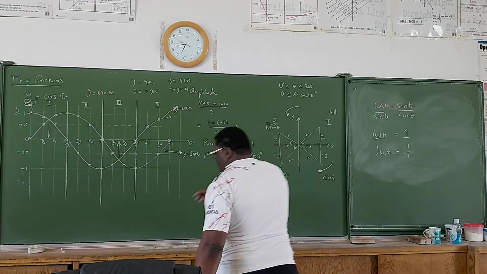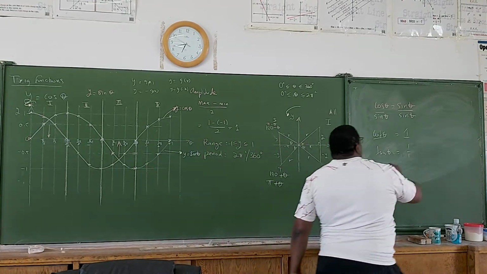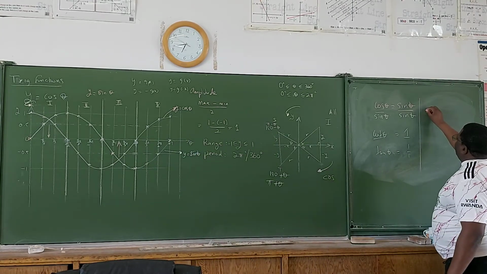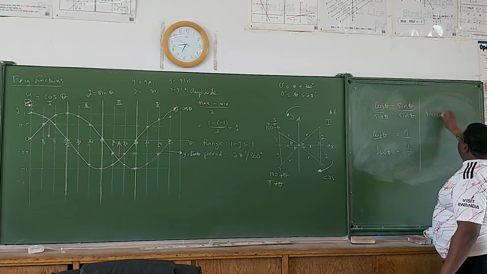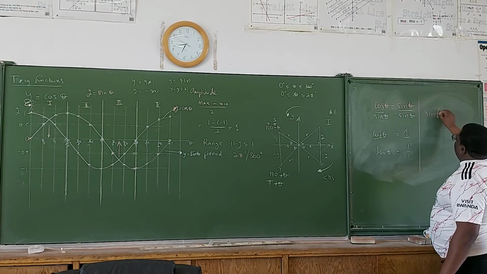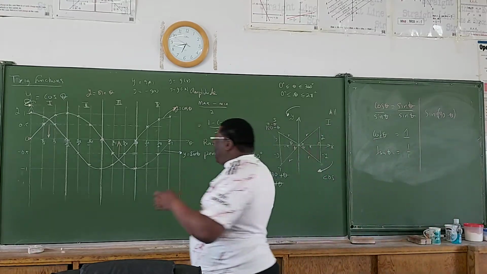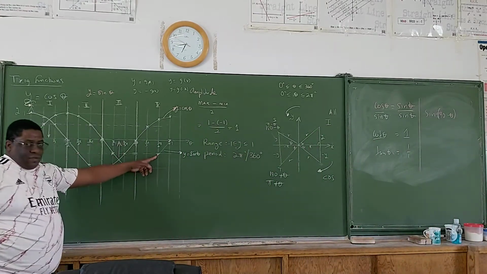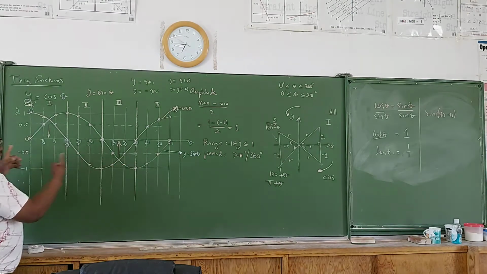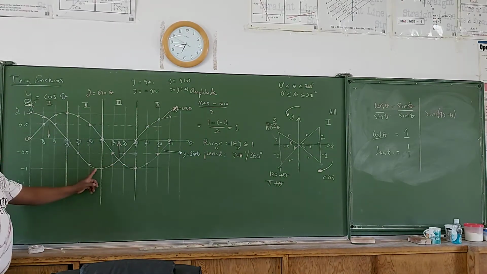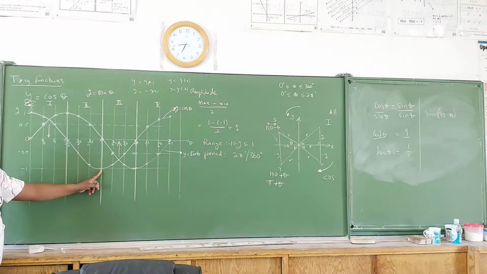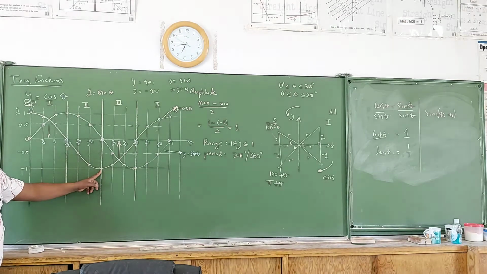Are you still trying to check? Convince yourself. Sine, I will use angle of 90 minus theta. If I take the sine curve and I move it 90 degrees to the left, it's going to equal the cosine.